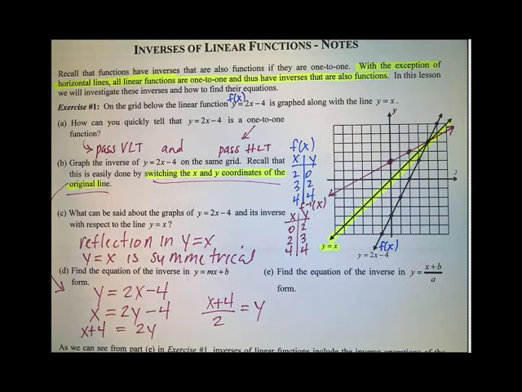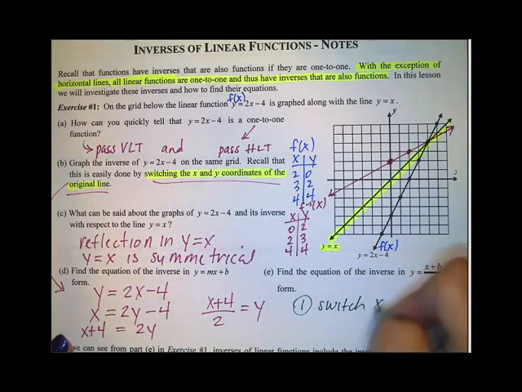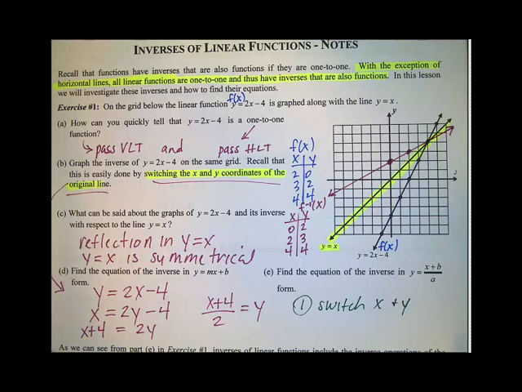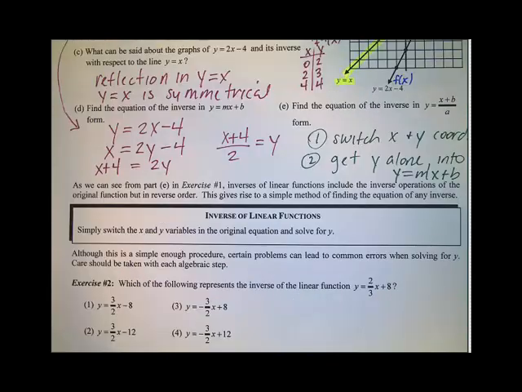So you have to do 2 steps. The first step is to switch x and y. The second step is to get y alone, or into y equals mx plus b form. Okay? So that's how you find the inverse of a line, or the equation of the line.